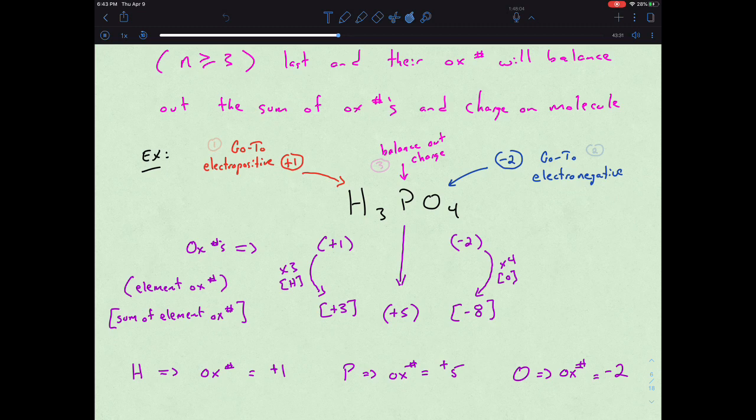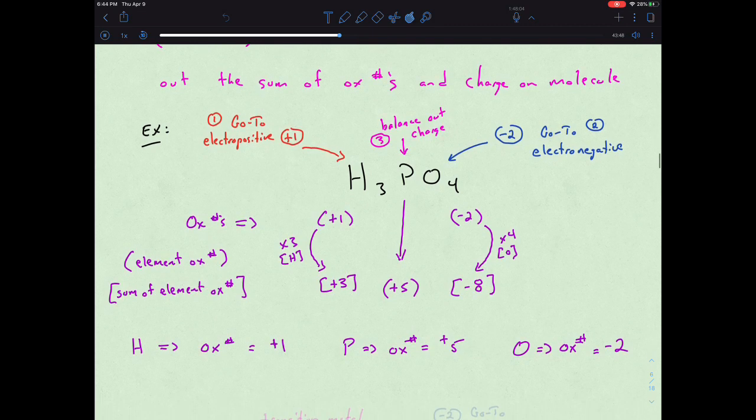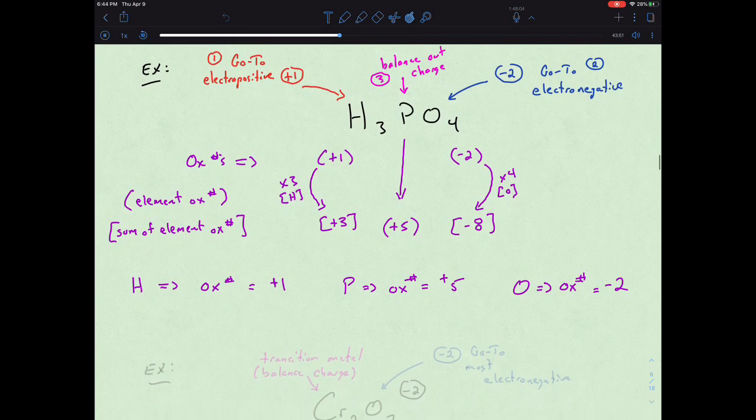So those are the steps. Step 1, go-to electropositive. Step 2, go-to electronegative. And then step 3, what's left over? And we use that to balance out the actual charge on the molecule. Let's do a couple more examples.